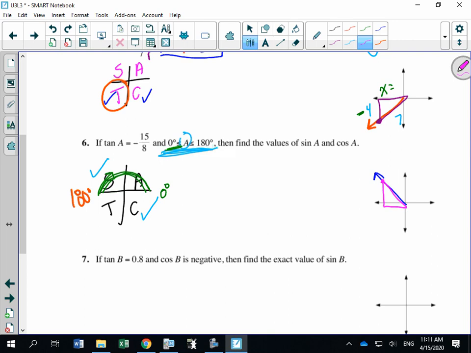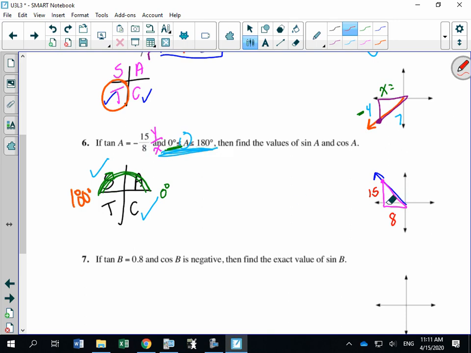There's my acute angle. Tan is y over x. So y is 15. So that is 15. And they're saying x is 8. Now, which one would be negative? Does that negative go with the 15 or does it go with the 8?